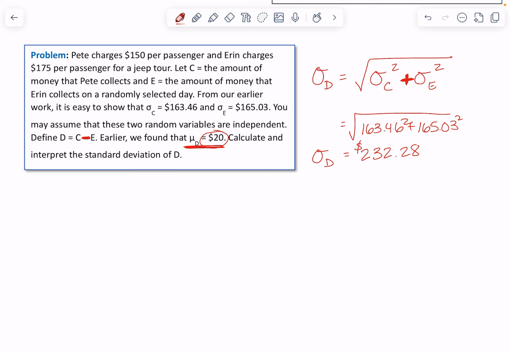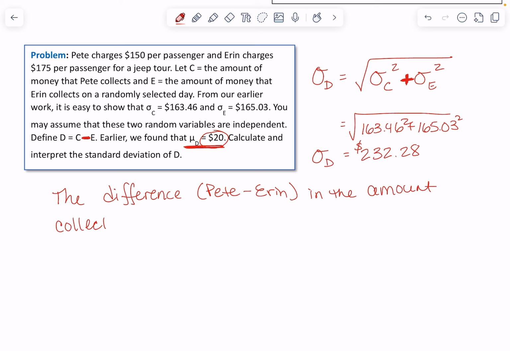It says interpret, so the difference, when we do Pete minus Aaron, in the amount collected on a randomly selected day typically varies.